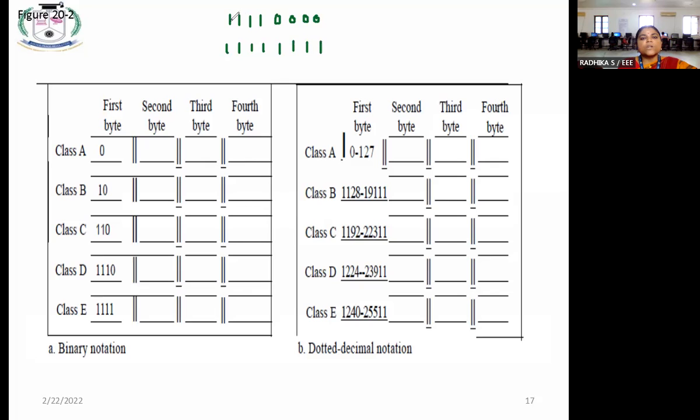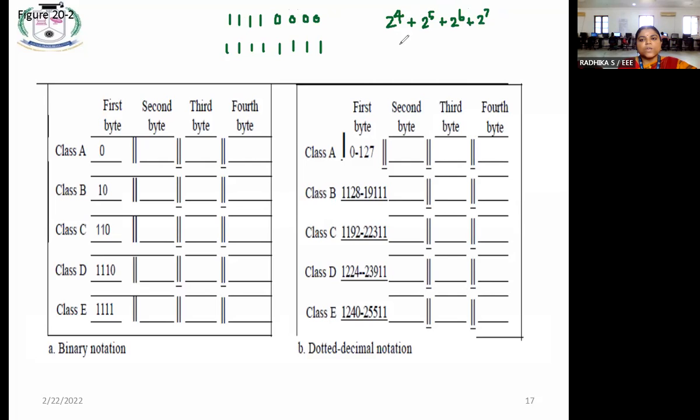So what is the equivalent of 1, 1, 1, 1? 2 power 0, 2 power 1, 2 power 2, 2 power 3, 2 power 4, plus 2 power 5, plus 2 power 6, plus 2 power 7. So what is the answer?